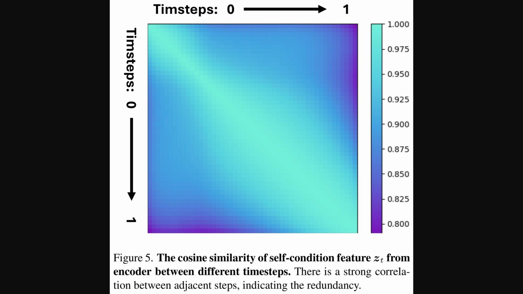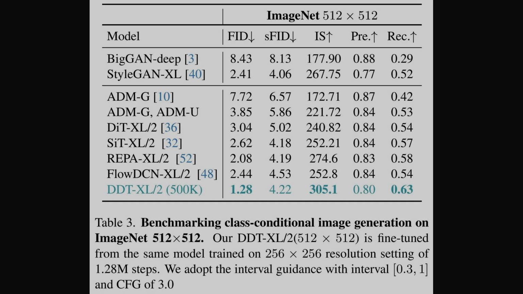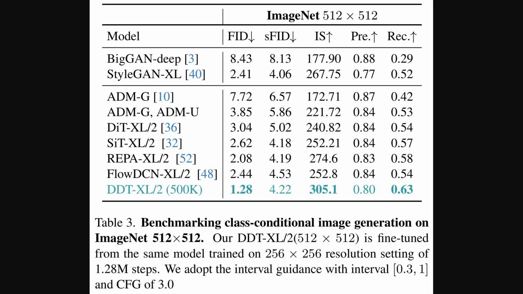The brighter colors, especially along the main diagonal and close to it, indicate very high similarity, often above 0.8 or even 0.9. This strong correlation between adjacent steps means there's redundancy. The information isn't changing drastically from one tiny step to the next. So that redundancy we saw in Figure 5, that's what allows the decoupled diffusion transformer to speed up inference by sharing those self-conditioned features.